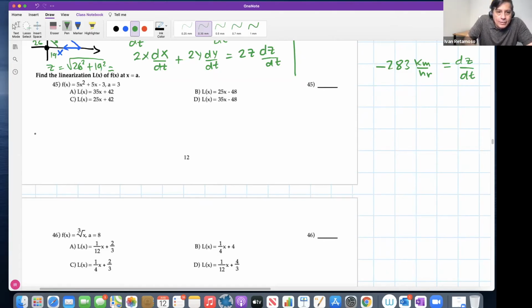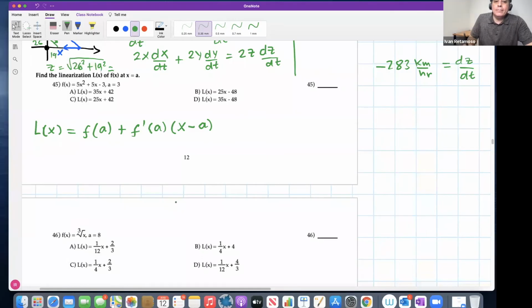And I gave you this formula. If you don't have it, it's in our notes. The linearization of a function in general is equal to f evaluated at some base point that will be given, right? Or if it is not given, you have to carefully choose it, right?